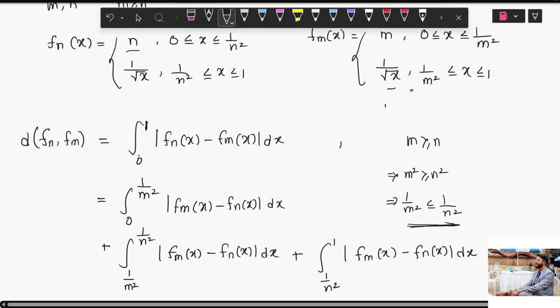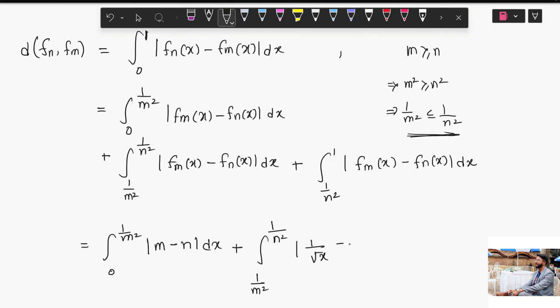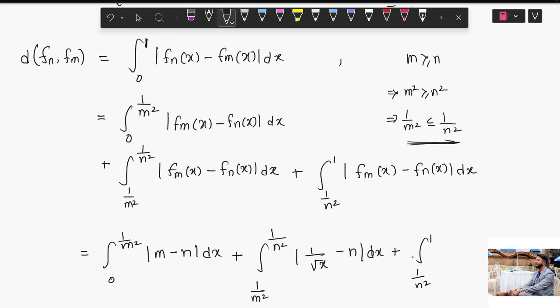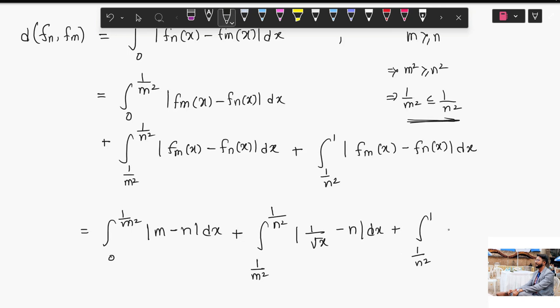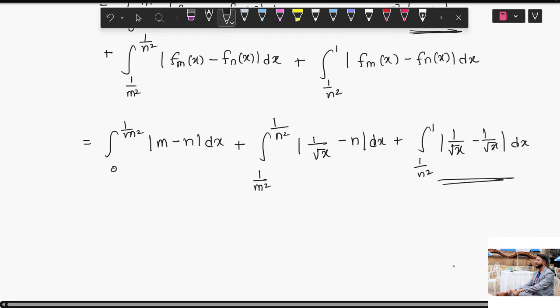So in place of this, I'm writing n, dx, plus the integral from 1 over n squared to 1. After 1 over n squared, the value of both f_n(x) and f_m(x) is 1 over root x. So 1 over root x minus 1 over root x dx. So this part vanishes.